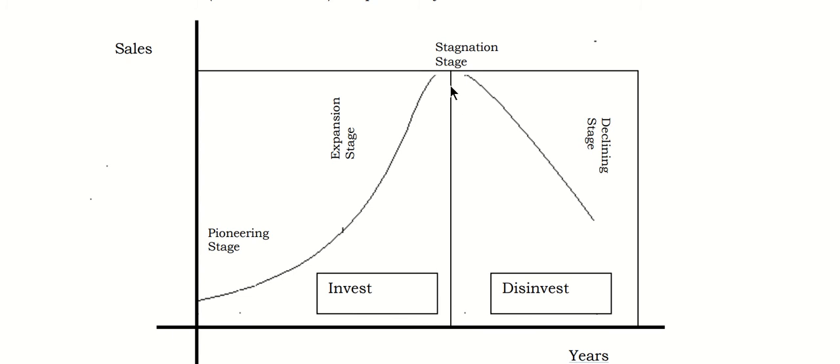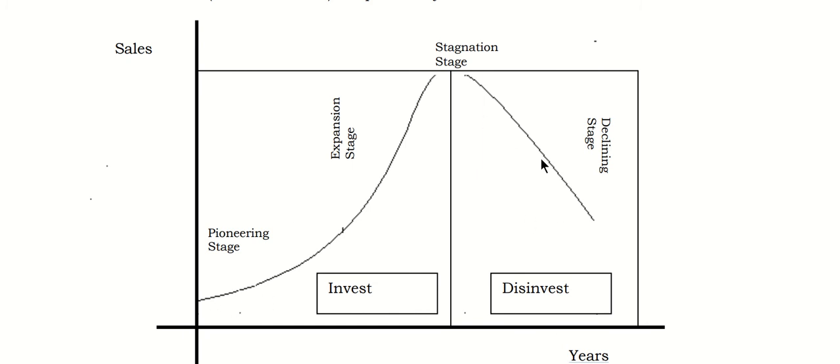But if they are not working hard and there is no technology development, or nothing new is coming up in the industry, then after stagnation there would always be decline. So once the company has reached the stagnation stage, one should sell the shares of that particular industry.